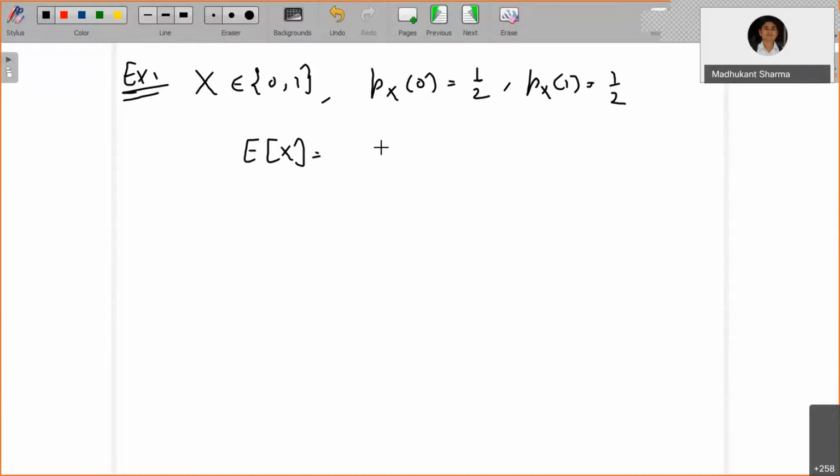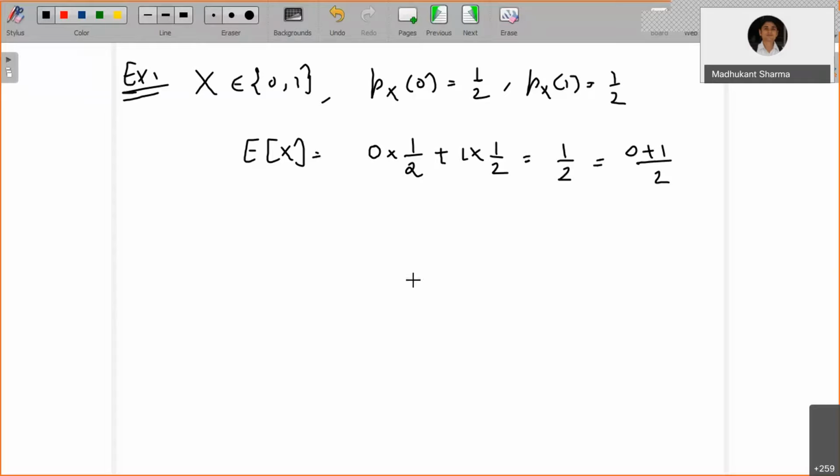The value of X is 0, weighted with its assigned probability 1/2, plus the next value 1, weighted with its assigned probability 1/2. So the total sum is going to be 1/2, which is nothing but the average of the values 0 and 1.